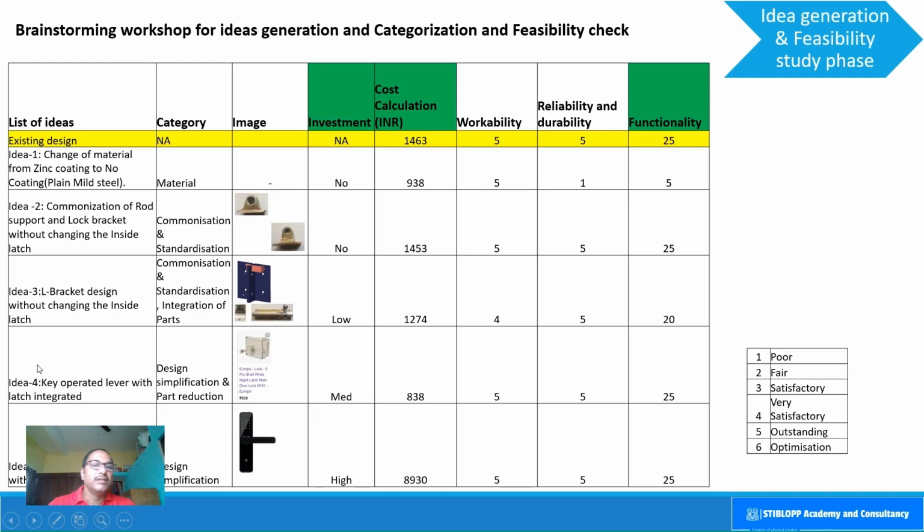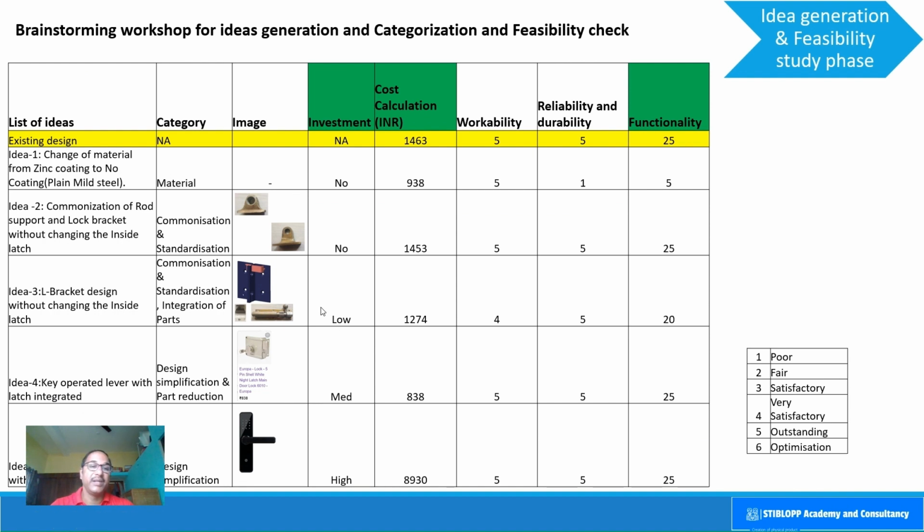And now, moving on to the next idea, where we have the key operated lever with the latch integrated. Okay, so this idea comes under the category of design simplification and part reduction.